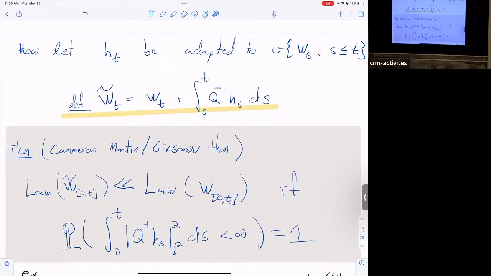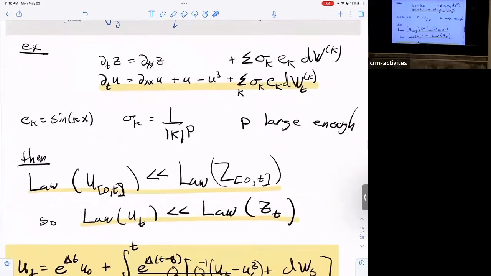With a little bit of souping up you can get equivalence, but they're at least absolutely continuous in one direction if this is almost surely finite. You get a little more if you have some integrability conditions, like Novikov's condition or Kazamaki's condition. Then you can get equivalence here, but a simple stopping time argument gives you this. So this gives you equivalence on path space.